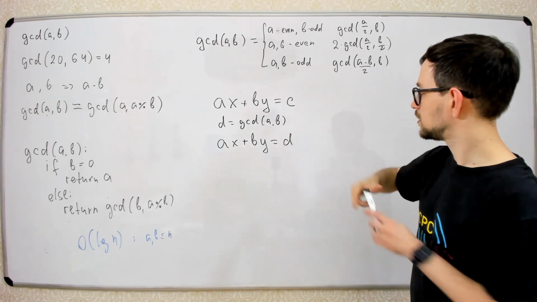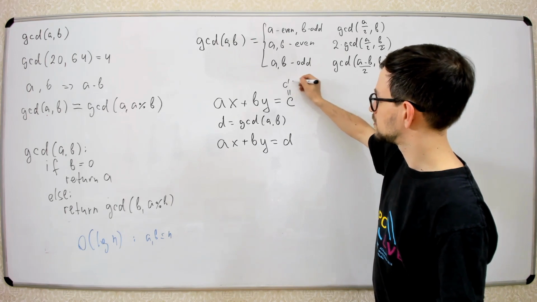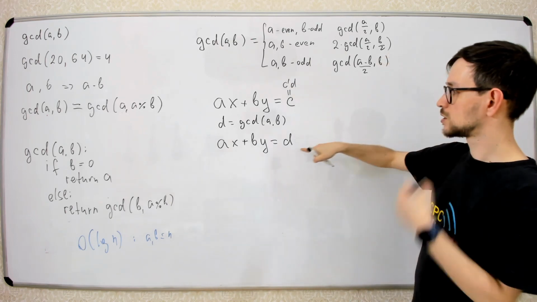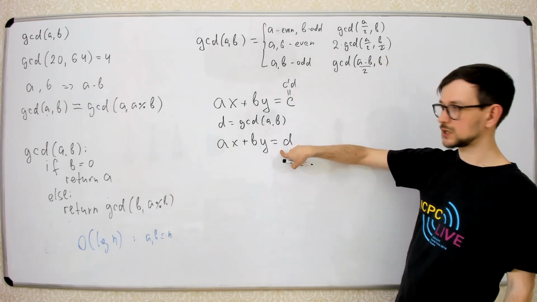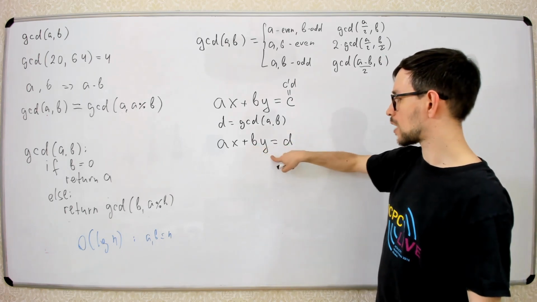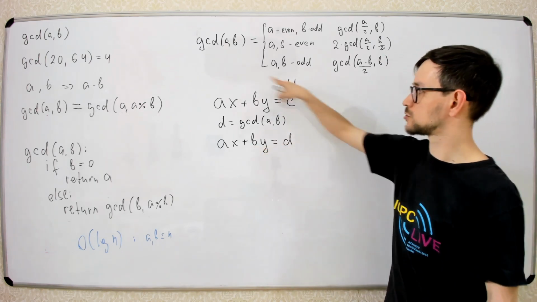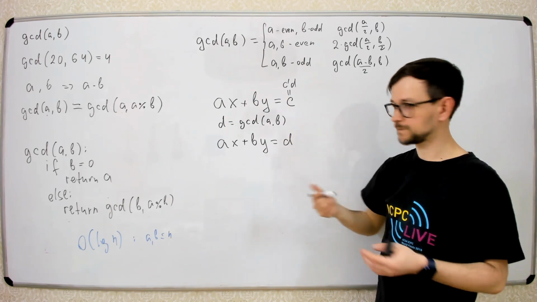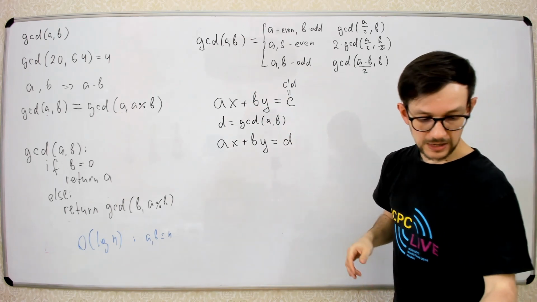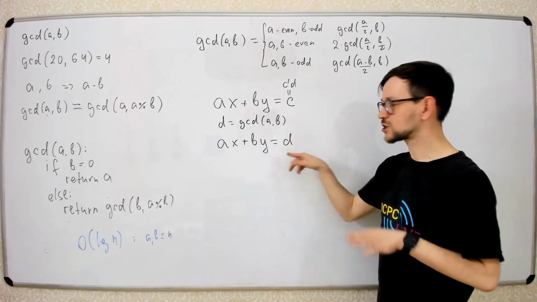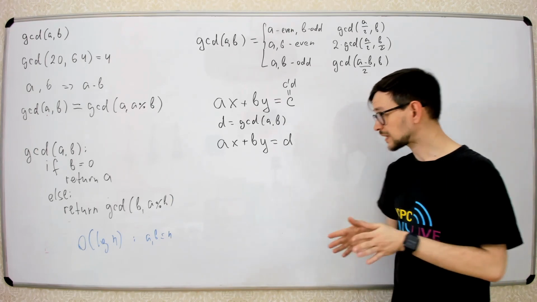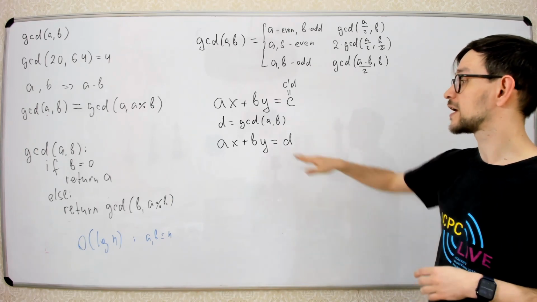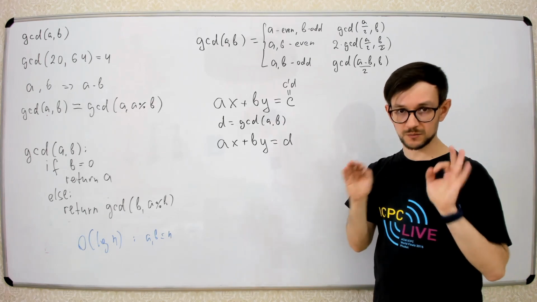Again, because C equals something like C prime times D. So if we solve this equation, we will then multiply x and y by this C prime and get a solution of this equation. This not only has a solution, we can find this solution in polynomial time.